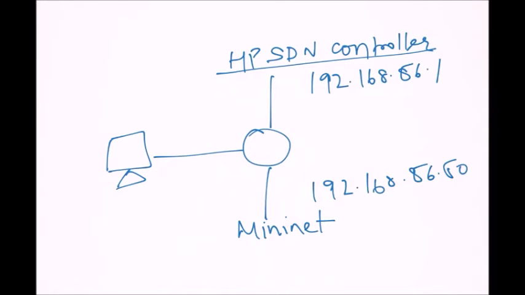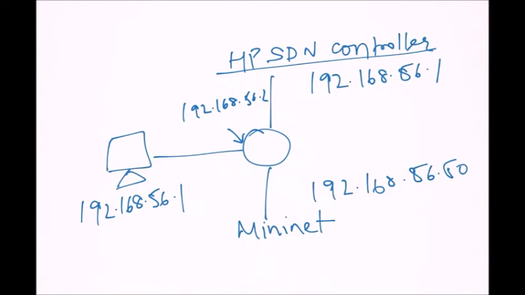I also need my PC to be on the same network, so I put my IP as 192.168.56.1, and this adapter can have, on the same network, 192.168.56.2. So I have my network built like this.